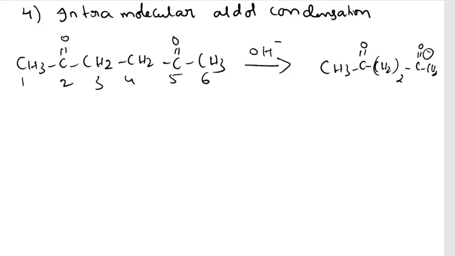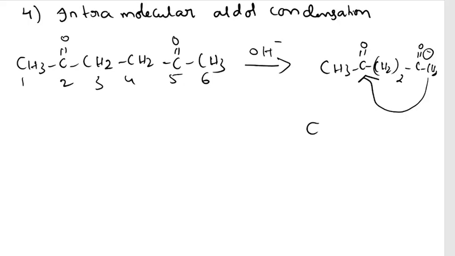A carbanion will be formed. Whatever carbanion is formed readily attacks the carbonyl group of the same compound, so that a cyclic compound will be formed. In this cyclic compound, let us count how many carbon atoms there will be. So 1, 2, 3, 4, 5. So a 5-membered cyclic compound will be produced.